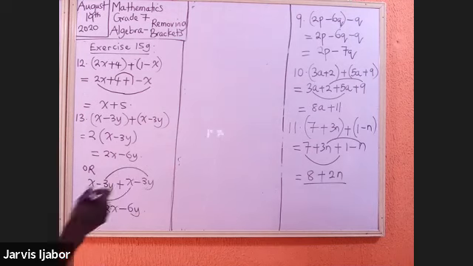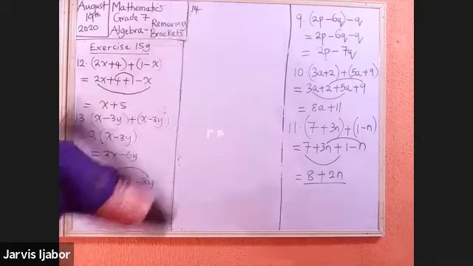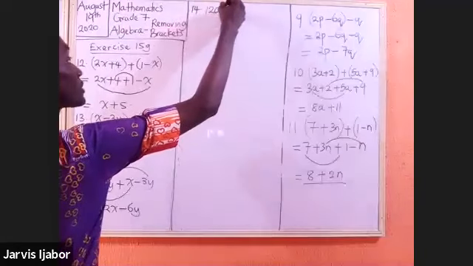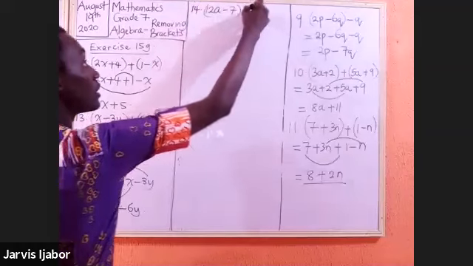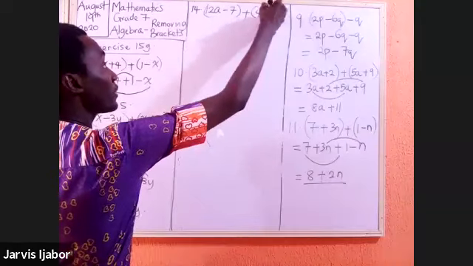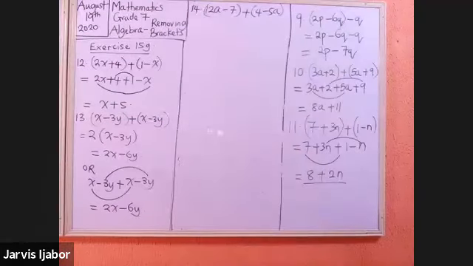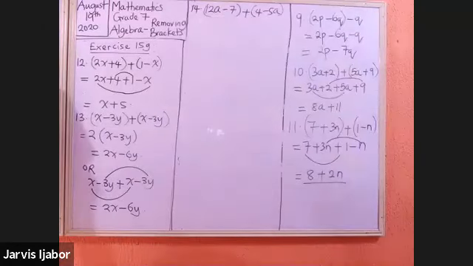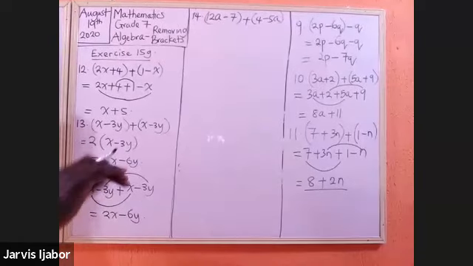So let's look at question 14. In question 14, you are told that 12a minus 7 plus 4 minus 5a. That's what we are told to look for. So what does that give you?